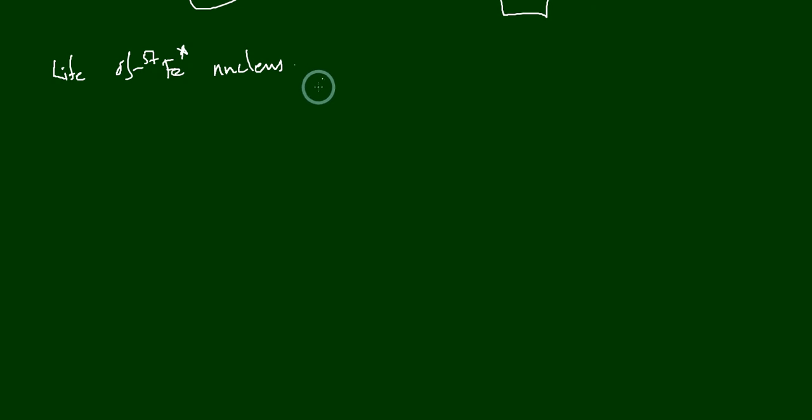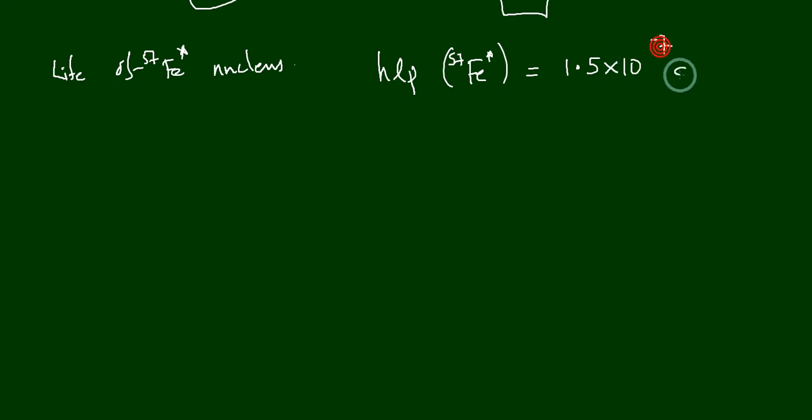If you check the half-life period of this iron 57 in the excited state, that half-life period is almost 1.5 into 10 raised to minus 7 seconds. It's a short-lived nucleus, so it will immediately come back to the ground state.